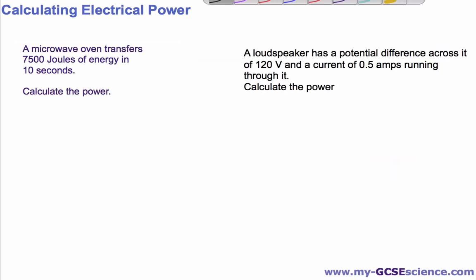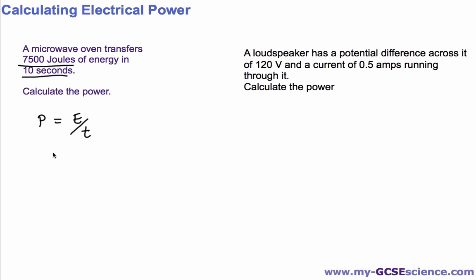So here we have two questions. The first one on the left hand side says a microwave oven transfers 7,500 joules of energy in 10 seconds. Calculate the power. So we need to decide firstly which of those two formulae we're going to use, and if we look at the question, there's clues in the question. So it says transferring energy, so we've got 7,500 joules of energy being transferred in 10 seconds. So that really should lead us to P equals energy transferred over time, because those are the two values that we have.